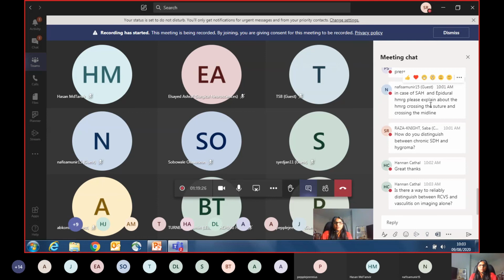Because of the way the dura is attached, when we see epidural hemorrhage, it is occurring because of a vascular injury, usually an arterial injury, so under pressure, which strips the adherent periosteal layer of the dura away from the calvarium. Because the periosteal layer of the dura is completely adherent at the suture, it becomes really difficult to strip that off the sutures. That's why they don't cross the sutural line. Does that explain?